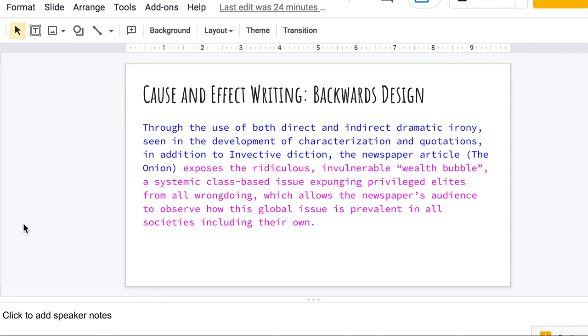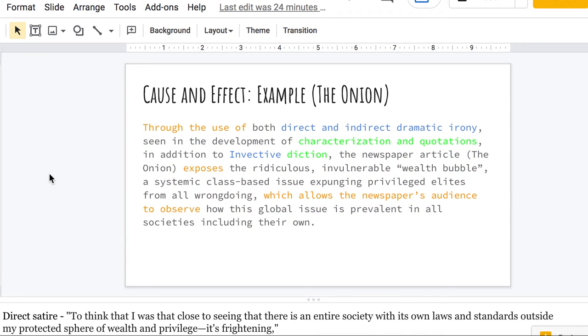And what you see here is the cause. This is the language that I employ in my work: the invective diction, the characterization, and then being able to explain out what effect that has on how I read and interpret the text itself. So let's talk a little bit about the cause and effect of some of those verbs. Through the use of, so how I'm employing particular language, and then I provide the examples, like the direct and indirect dramatic irony, those literary devices.